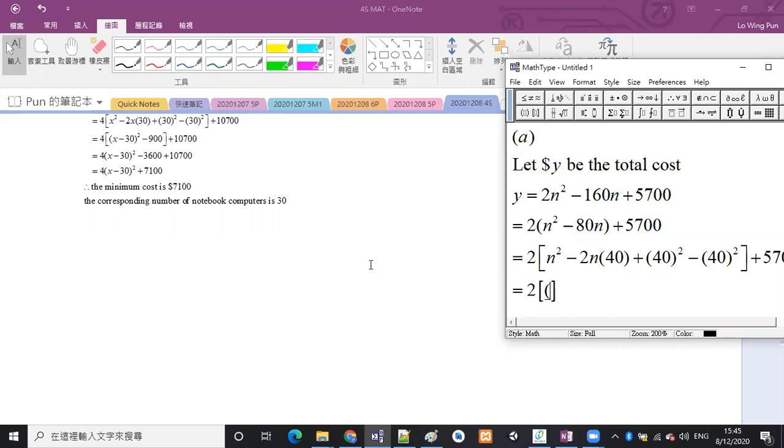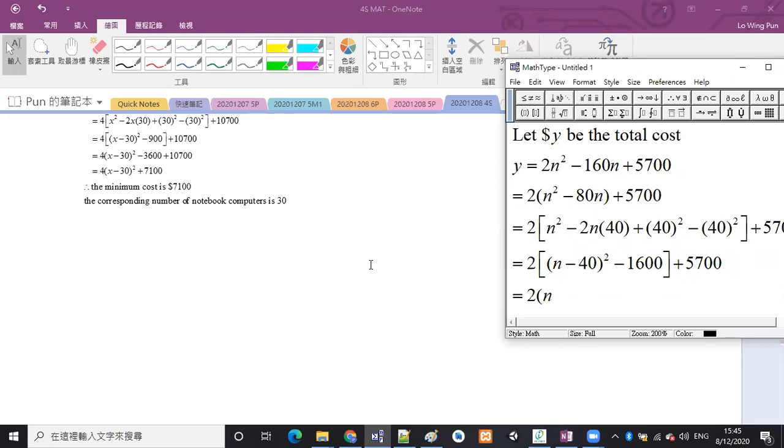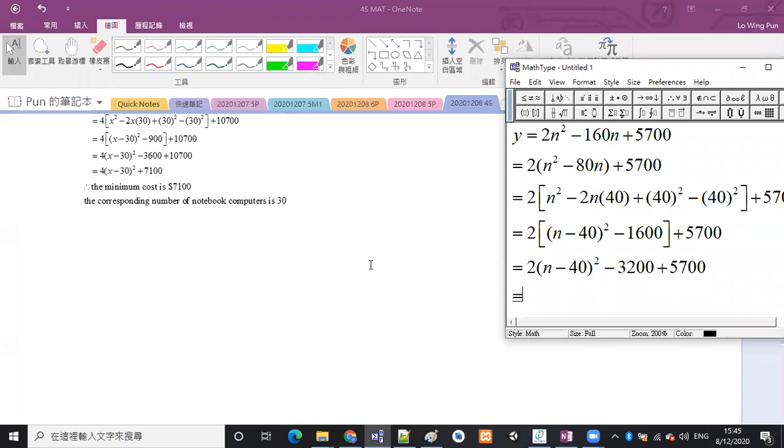It's n minus 40 square minus 1,600 plus 5,700, and then expand the bracket, and then it will be done. It's 2,500 here.